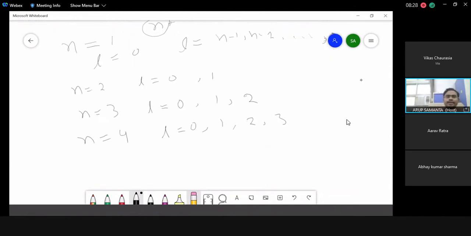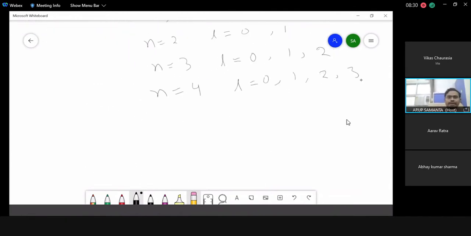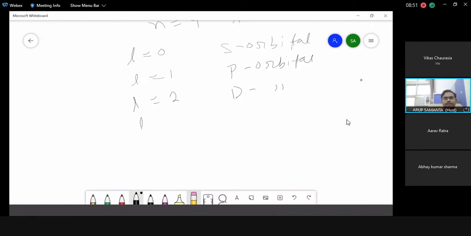Here, what does l equal to 0 mean? l equal to 0 corresponds to the s orbital, l equal to 1 corresponds to the p orbital, l equal to 2 corresponds to the d orbital, and l equal to 3 corresponds to the f orbital.